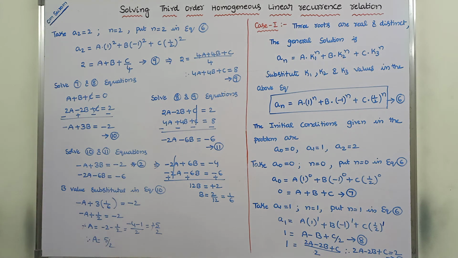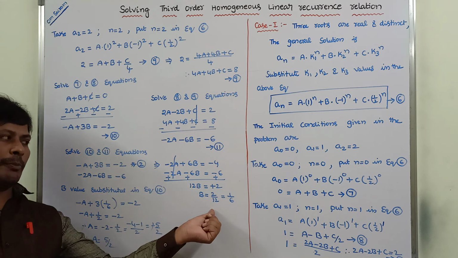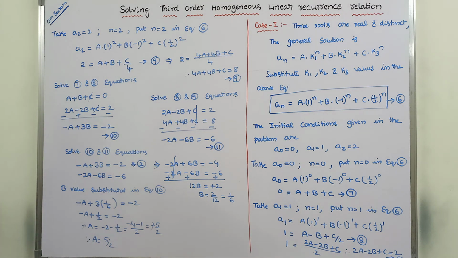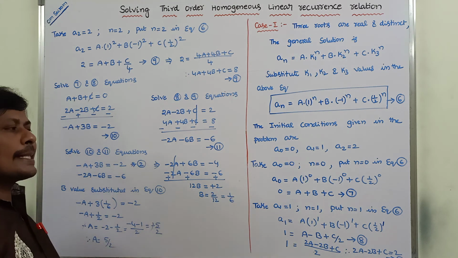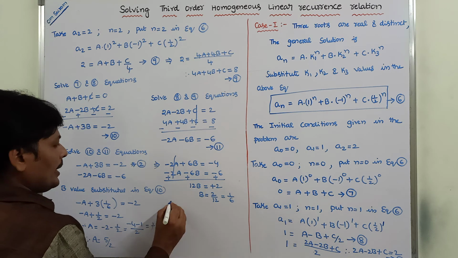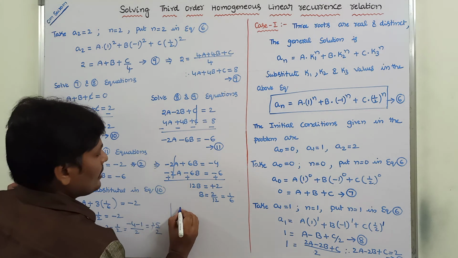So once we are getting A value 5 by 2 and B value 1 by 6, substitute A and B values in equation 7.